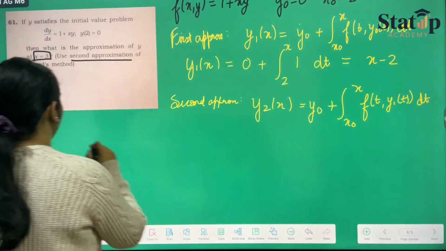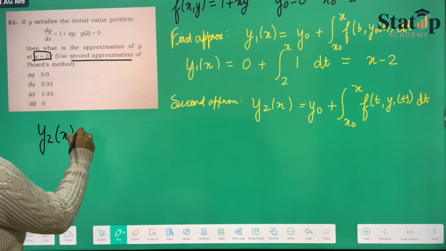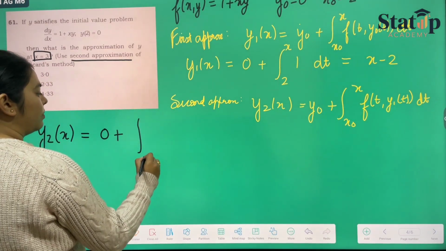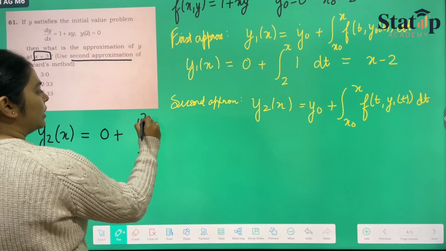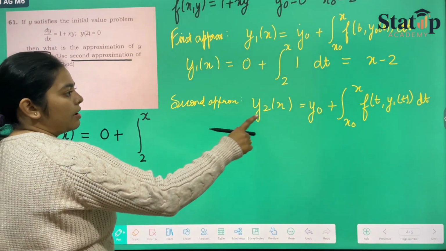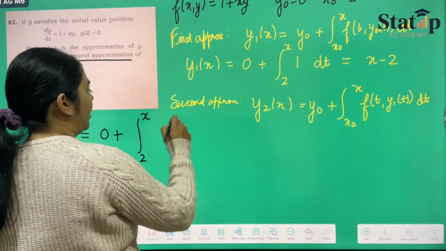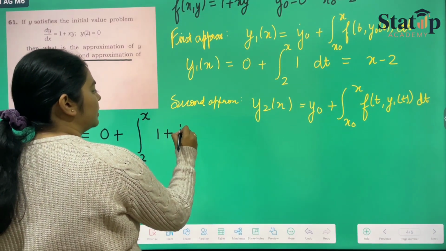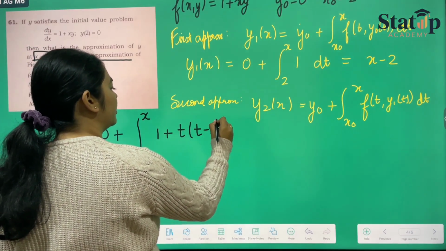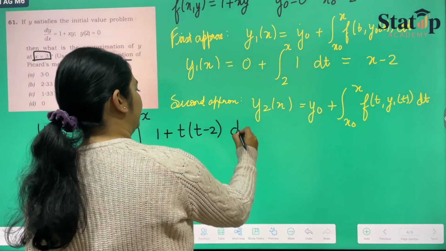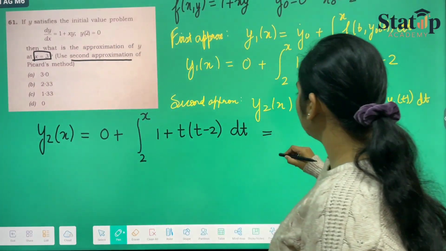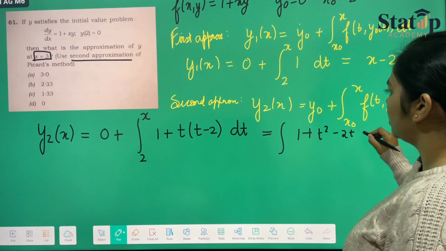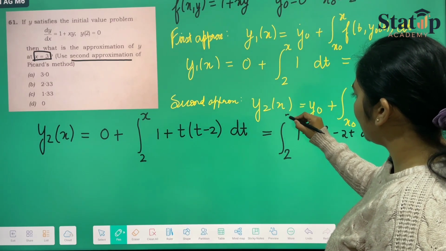Now here also, y2(x) equals y naught, which is 0, plus the integration from x naught, which we know is 2, till x. Let us keep it x till now. f(x,y) is 1 plus xy. But y1 should be taken. y1 is x minus 2. So we'll take 1 plus t into (t minus 2), replacing x with t, dt. This is nothing but the integration of 1 plus t square minus 2t dt from 2 to x.